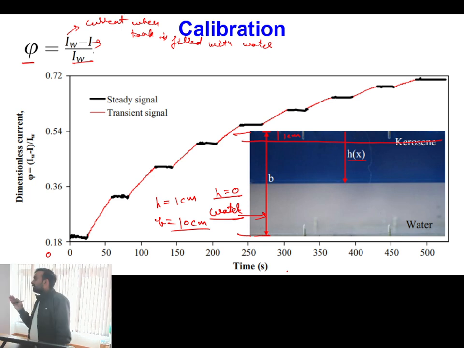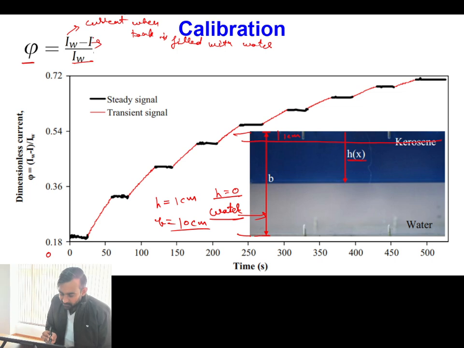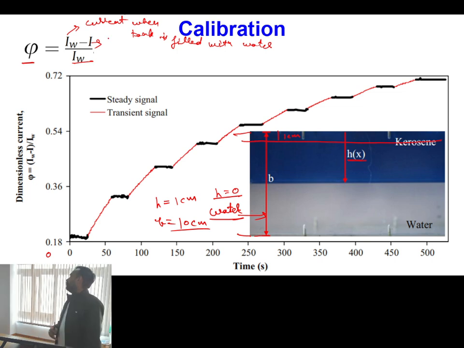In this case, I will have a slight decrease in the value of I compared to pure water. So IW minus I will be some small value once it is divided by IW. That is what we are getting over here.